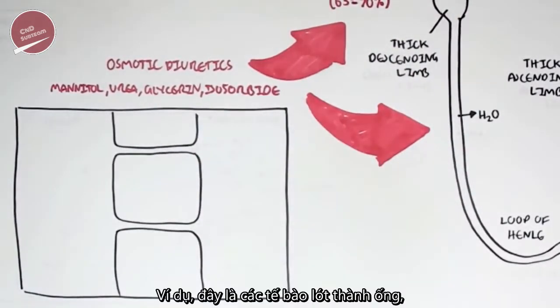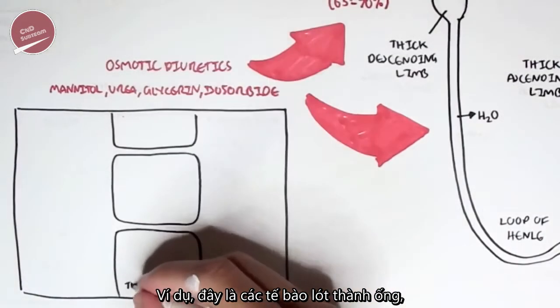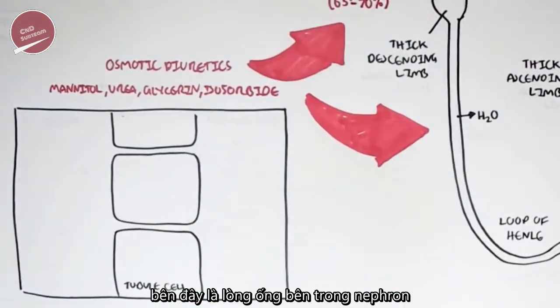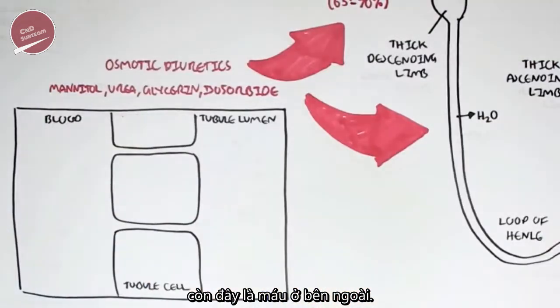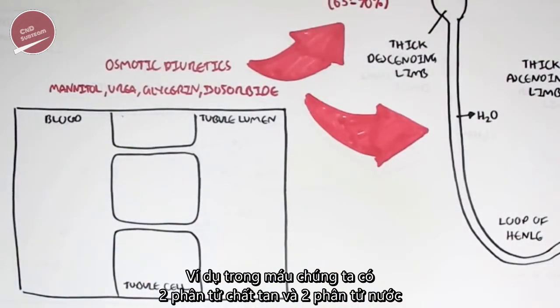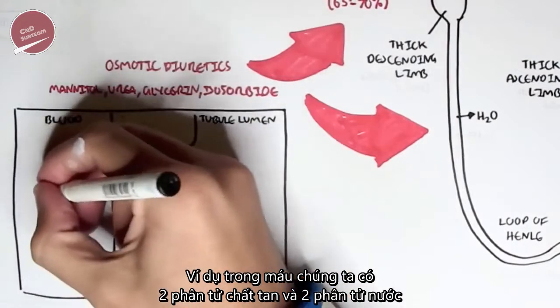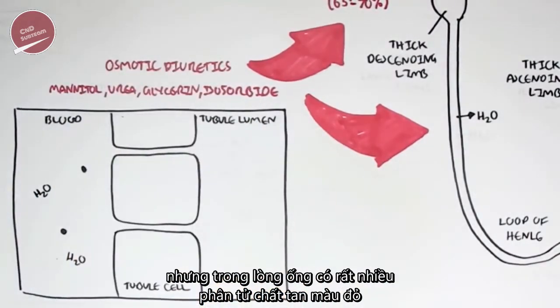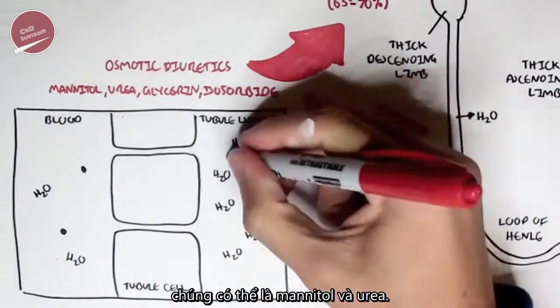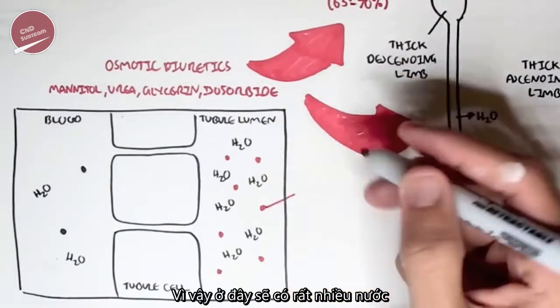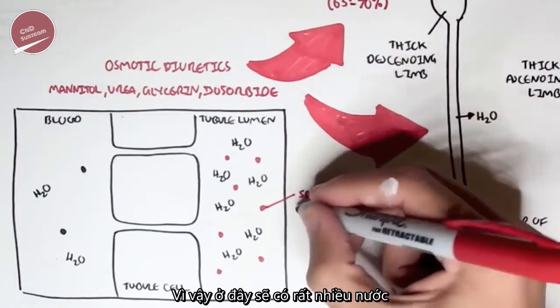So for example, here we have the cells lining the tubule. Here we have the tubule lumen, which is inside the nephron, and then we have the blood, which is outside. In the blood, we have like 2 solutes and 2 waters, for example. But in the tubule lumen, we have many solutes, these red things, which can be mannitol or urea. And therefore, there will be a lot of water.